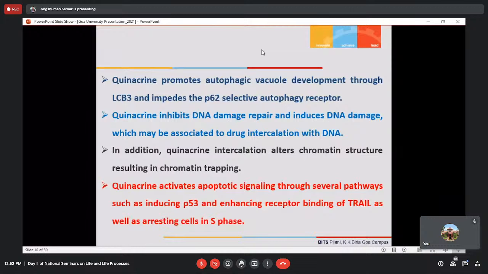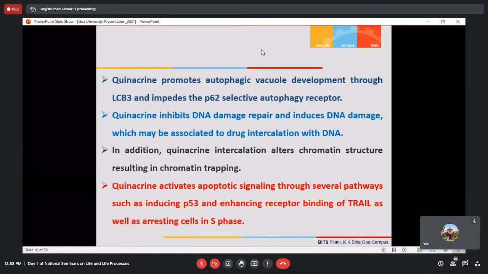And quinacrine inhibits DNA damage repair and induces DNA damage, which may be associated with a drug intercalation with the DNA. In addition, quinacrine interaction alters the chromatin model. The entire DNA which comes in the chromatin, it alters the chromatin structure as well, which results in chromatin trapping.